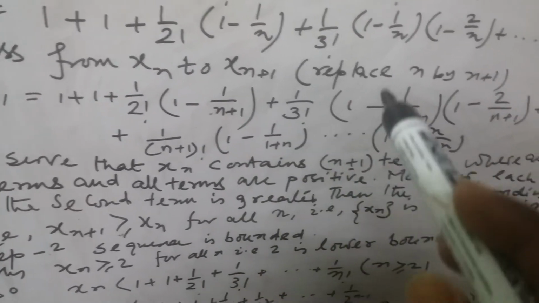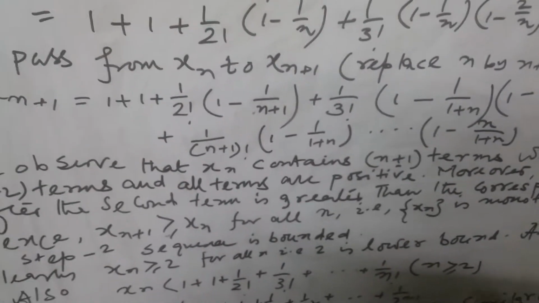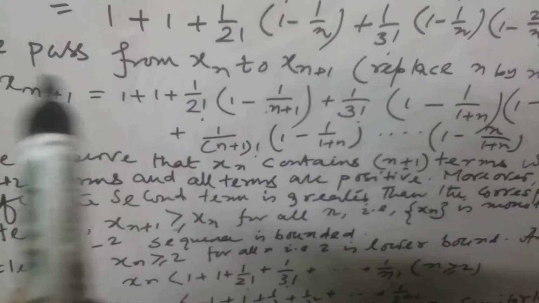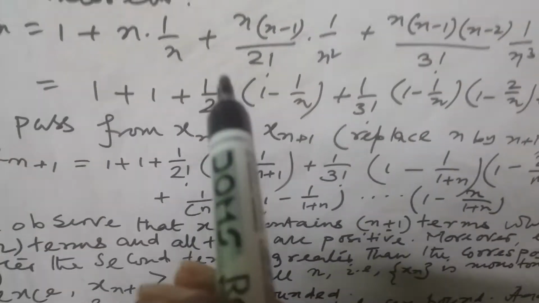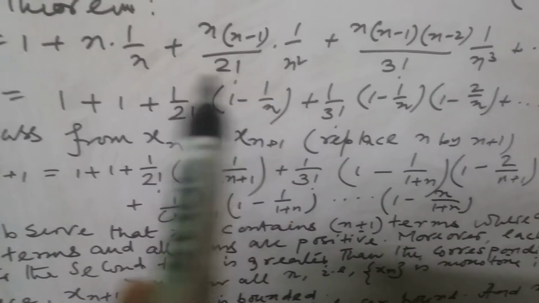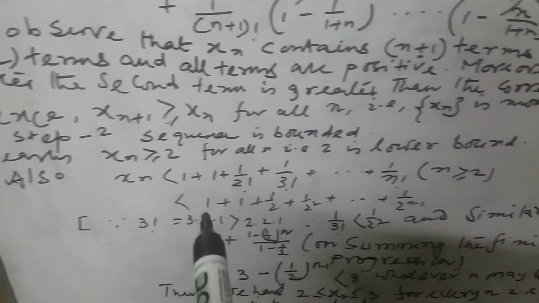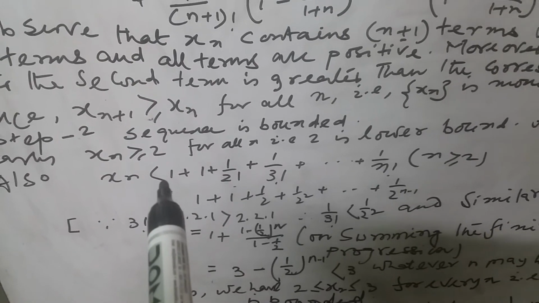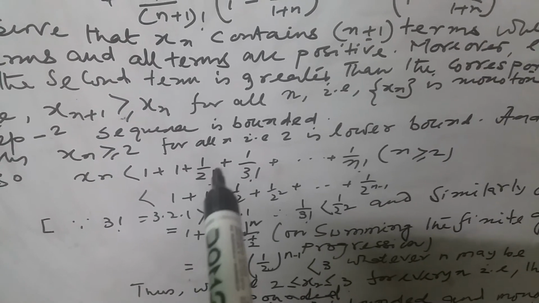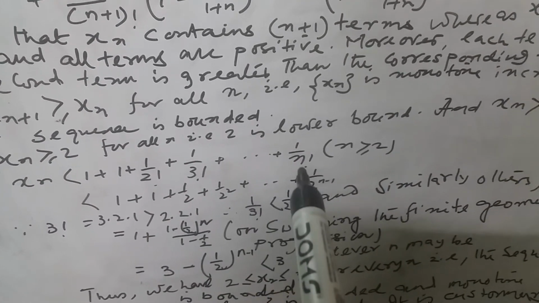Now, if we drop the factors of the form 1 minus k by n, then each term becomes larger. So xn is less than 1 plus 1 plus 1 by factorial 2 plus 1 by factorial 3 dot dot dot 1 by factorial n.